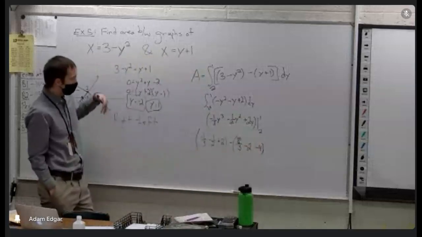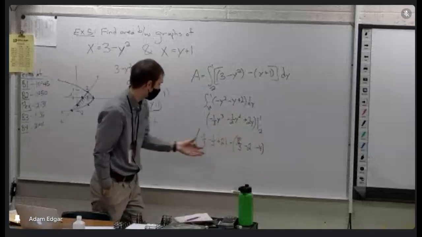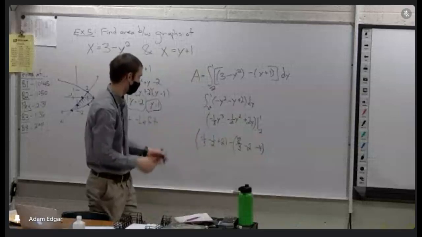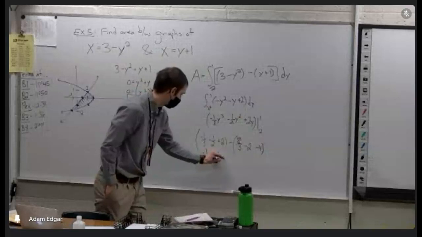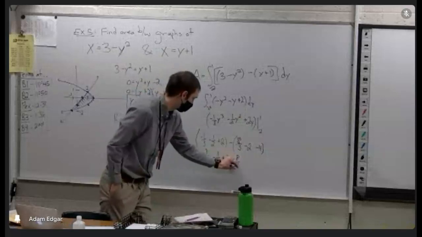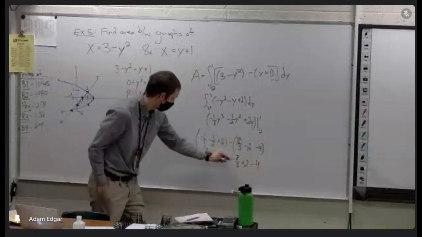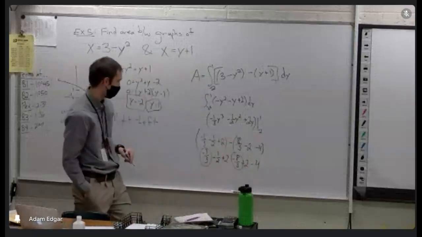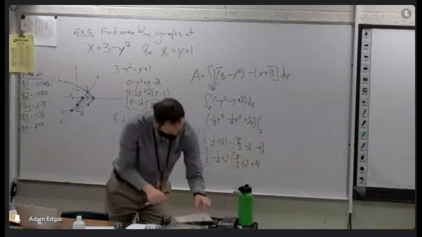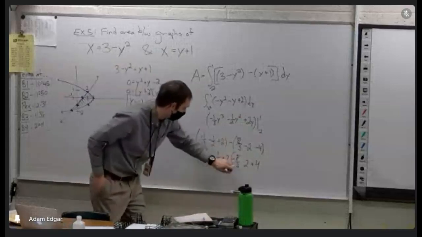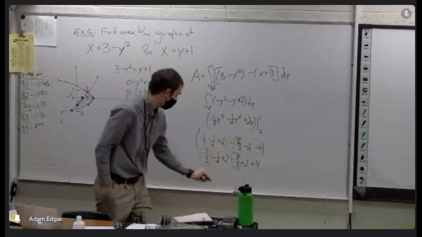And then you have fun going through that. I would probably distribute the negative first and combine like the thirds together. So I have negative 1/3 minus a half plus 2 minus 8/3 plus 2 minus 4. So negative 1/3 and negative 8/3 make negative 9/3.